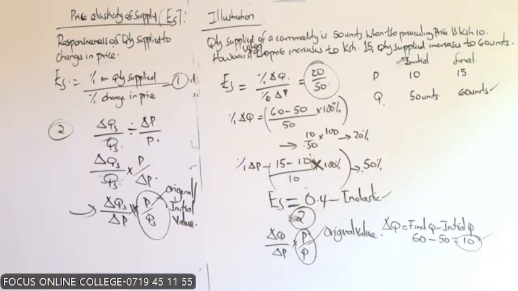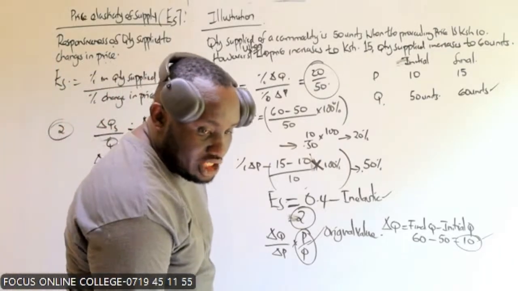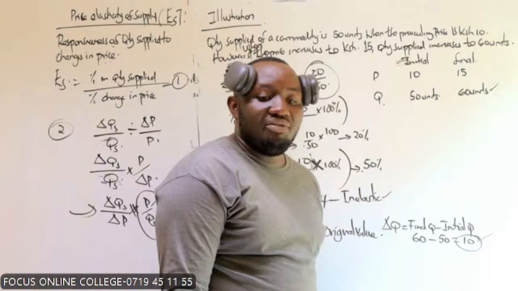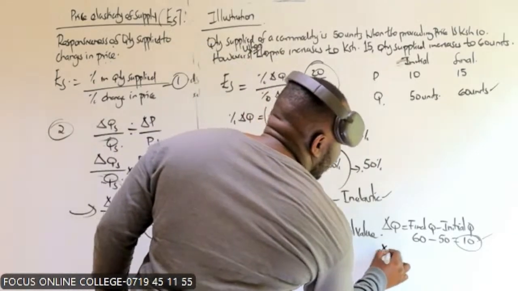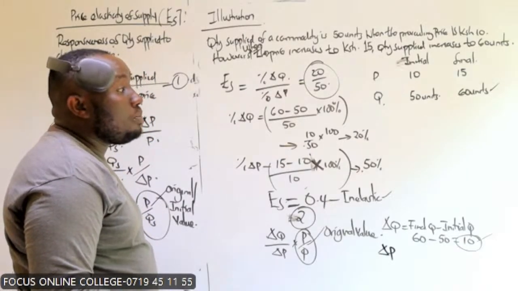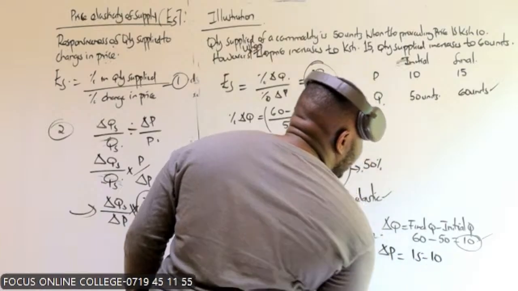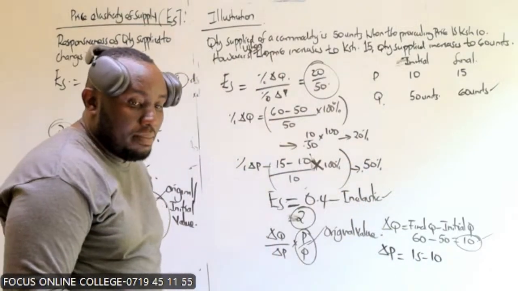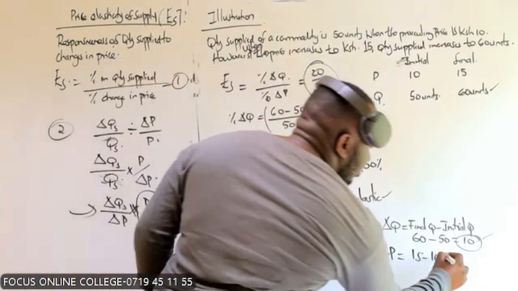Then the second, we have change in P. The change in P will be 15 minus 10, that is 5.